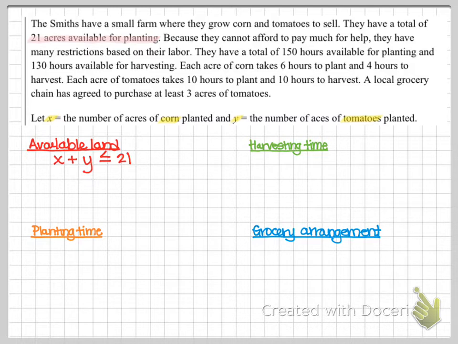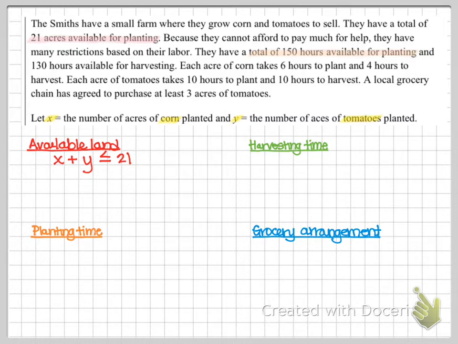Okay, so then the next one, they have many restrictions based on their labor. They have a total of 150 hours available for planting. I chose planting to be orange, so I'm going to go with orange up in the stem. They can use all 150 hours, or they could use less. They can't do more.